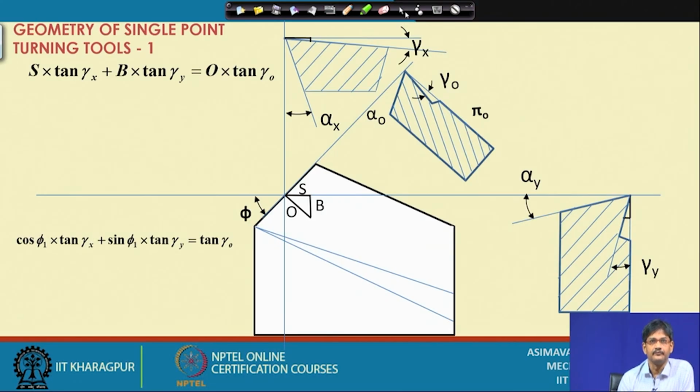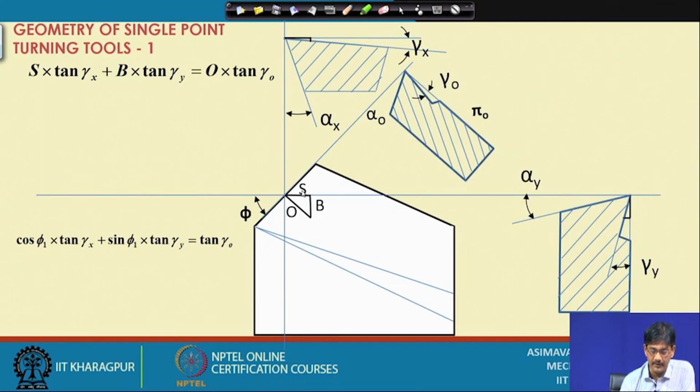As I have said, the distance I am going down in this direction, the orthogonal plane, is equal to the addition of the two vertical distances I am going down in the machine longitudinal plane and machine transverse plane.